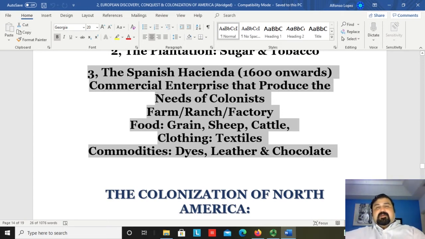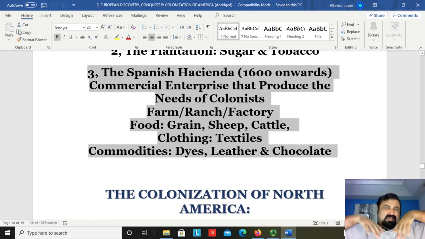That was a hacienda, where there were weavers, seamstresses, artisans, crafting artwork, weaving textiles for clothing, hats, and crafting things like boots, pants, all sorts of clothing and attire for the colonists. It was also a place where you got some finished products: dyes, leather, chocolate, and so on, for the little convenience stores within every city, every town, and everything for your daily use, for your daily food intake, was generated in the hacienda.